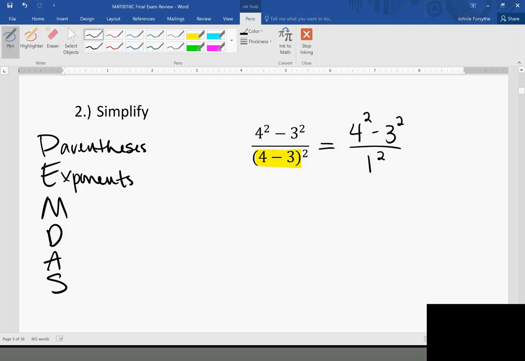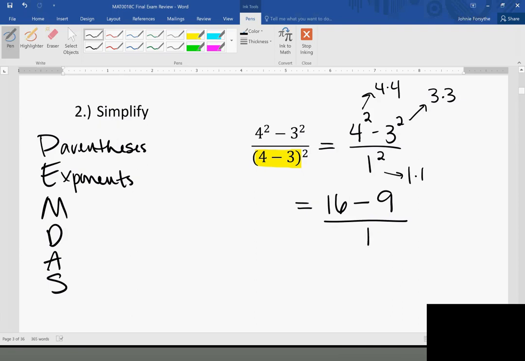And so now we want to take care of all of our exponents. So we have 4 squared. So 4 squared is 4 times 4, which is 16, minus 3 squared is 3 times 3, which is 9, divided by 1 squared, which is 1 times 1, equals 1.